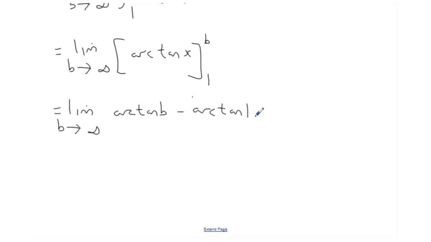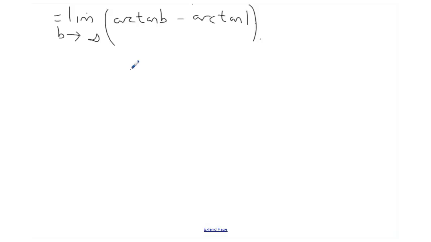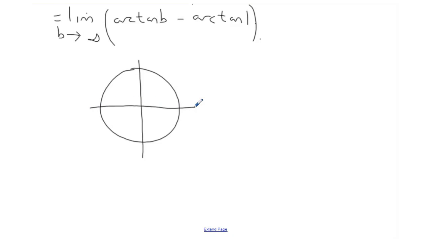Okay, so you might look at that and think that that's quite tricky, but actually if we draw a unit circle, it becomes really easy. So if we just draw a nice unit circle, we need to find basically arctan infinity, so as in an angle such that tan of the angle is getting near to infinity.